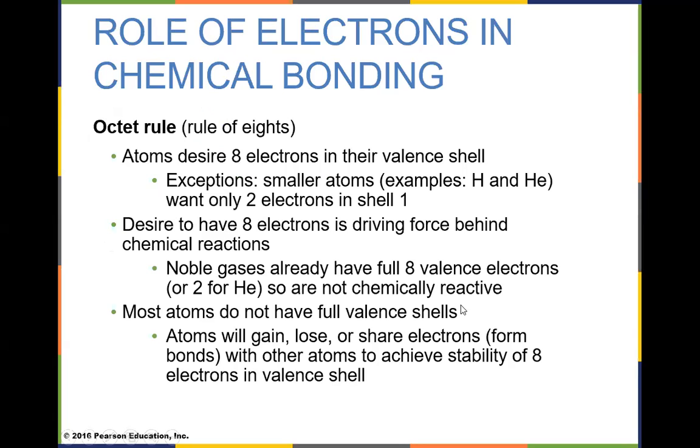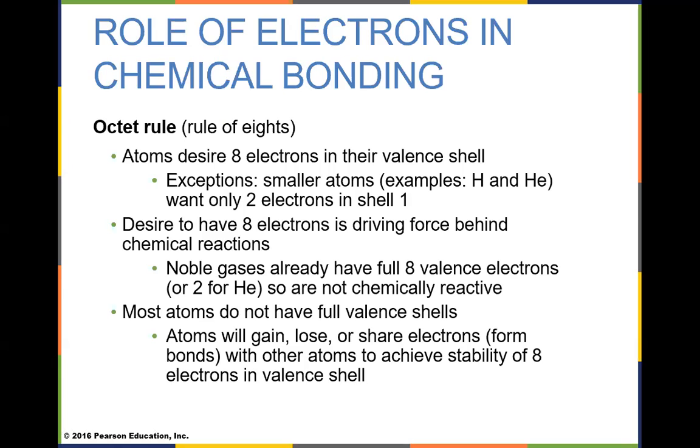Now, the problem if you are an atom is that you want to have every one of your shells filled to the max. You want to have your valence shell filled up. If your valence shell can hold up to 8, then you want it filled up with 8, because your valence shell is your outermost shell. If you're carbon, you have 6 protons and 6 electrons, with 2 electrons in your first shell and 4 in the second shell.